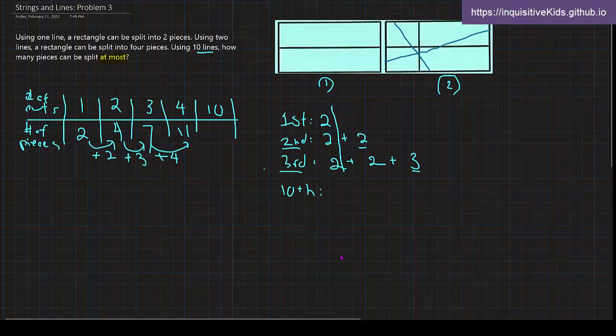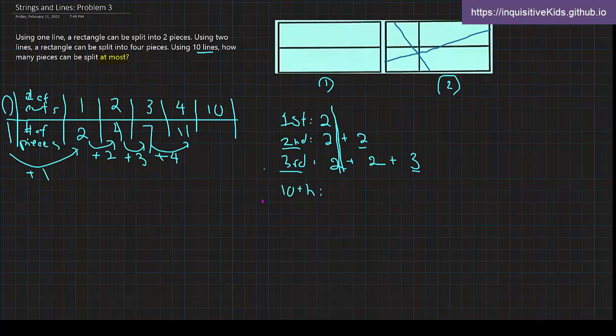Okay, now we're trying to find the equation for number 10. So the problem is we have this 2 sticking out of nowhere right here. So how can we represent that? Well, let's try to go back one. So for the 0th term, we have number 1 right here because 1 plus 1 would equal 2.